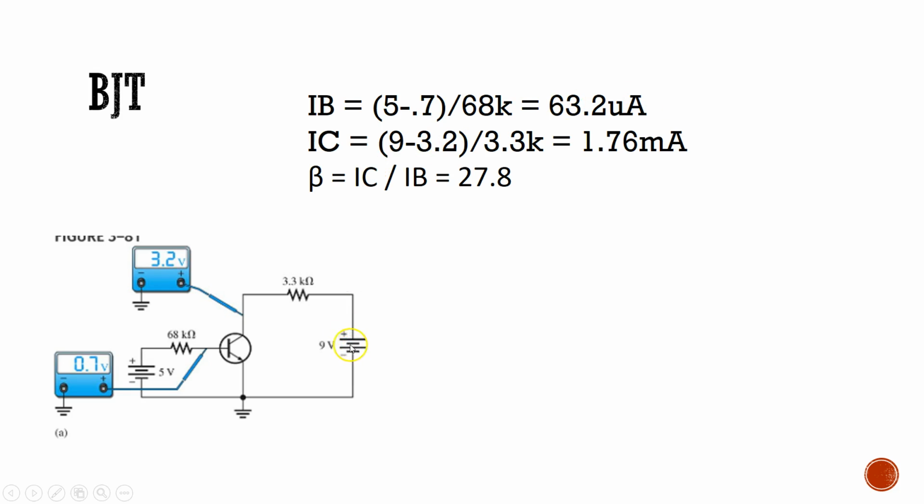IC, same thing, 9 volts minus the 3.2 volts that it's measuring divided by the 3.3K. So we're just using Ohm's law here to solve for these two currents. And once we find the two currents, IC over IB gives us a beta of 27.8.